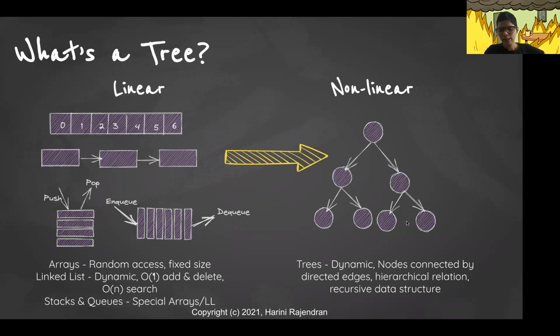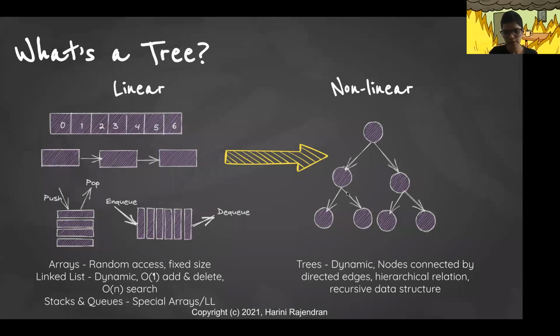And a tree is a very good example of a recursive data structure. What is a tree? A tree is nothing but a collection of nodes which are connected in a hierarchical fashion, right? So if you take this node, it has a left and a right subtree, and if you take any other node in the tree, the same properties that are applicable to the root are applicable to each and every node in the tree as well.